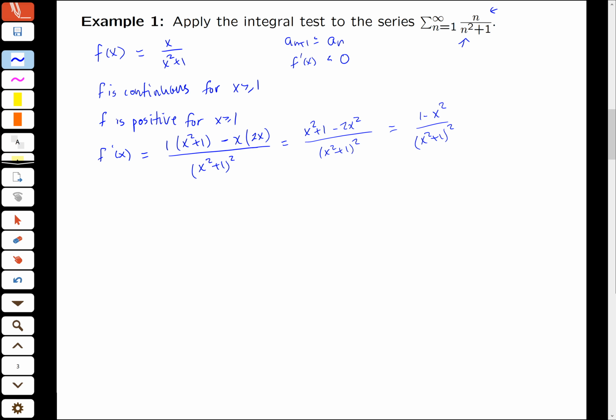What happens when you plug in x values that are bigger than 1? It's negative. So this is less than or equal to 0 for x greater than or equal to 1. So it's sort of horizontal at the first value, and then it starts decreasing. So that tells you that f is decreasing.